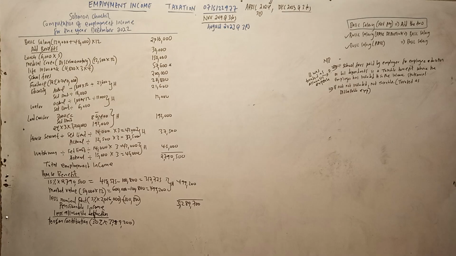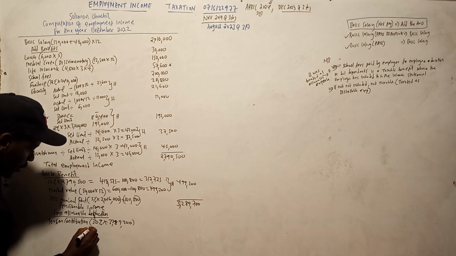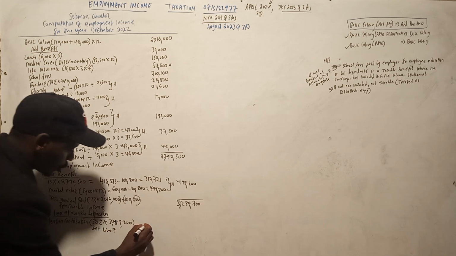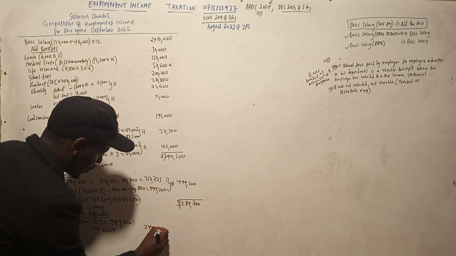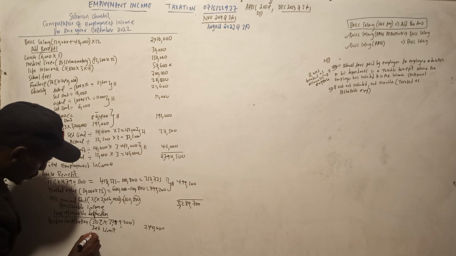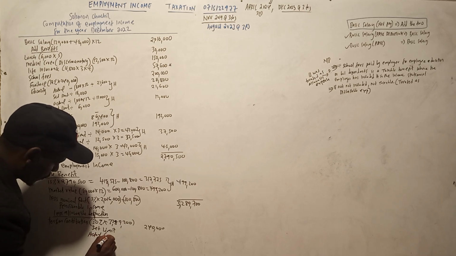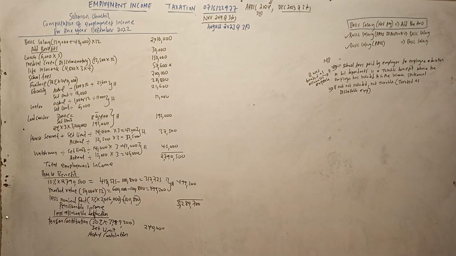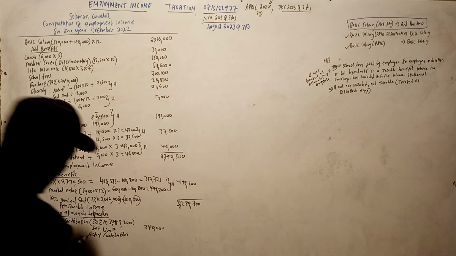And then we also consider the set limit, which is 240,000. And then the actual contribution. So what was the actual contribution? I contribute 15% of the basic salary.